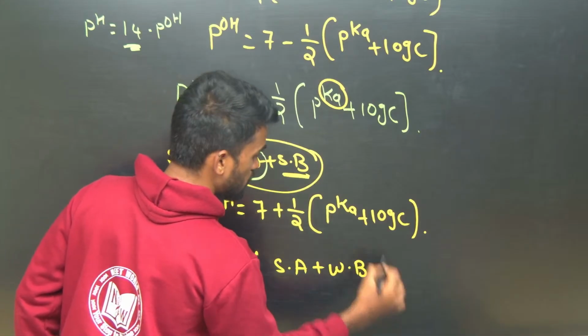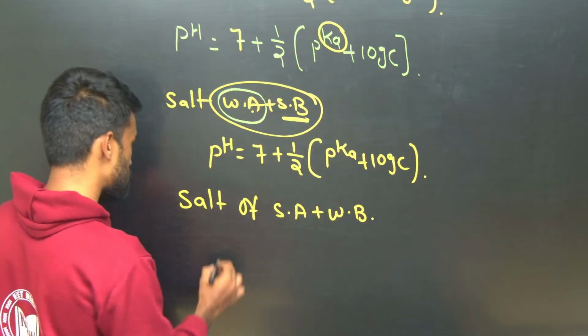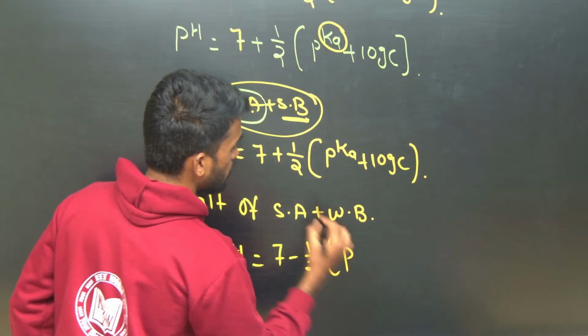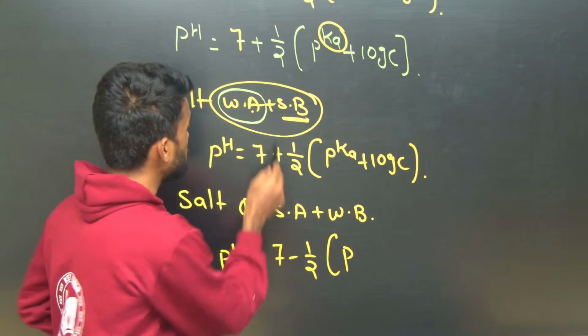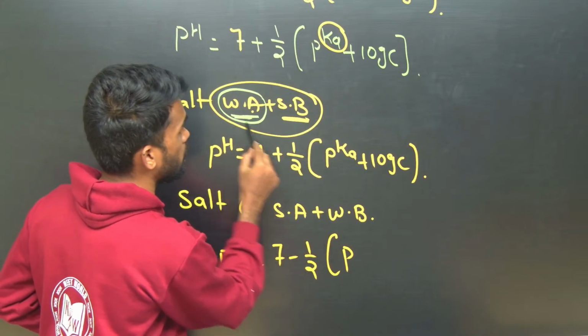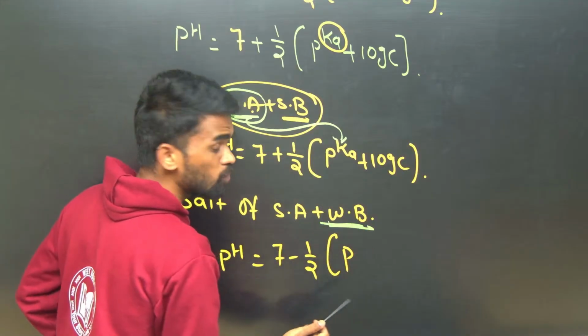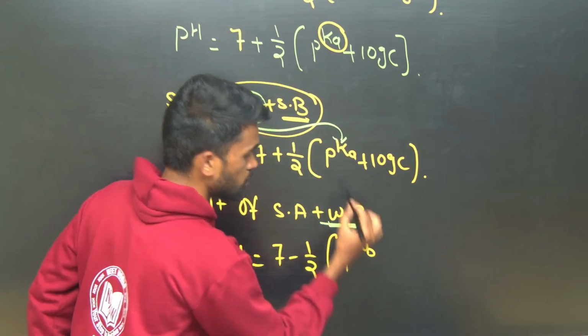You tell me what? 7 minus half. 7 minus half. So here, in case of weak acid involvement, we have taken Ka. Here weak base is involved, so we should take Kb.